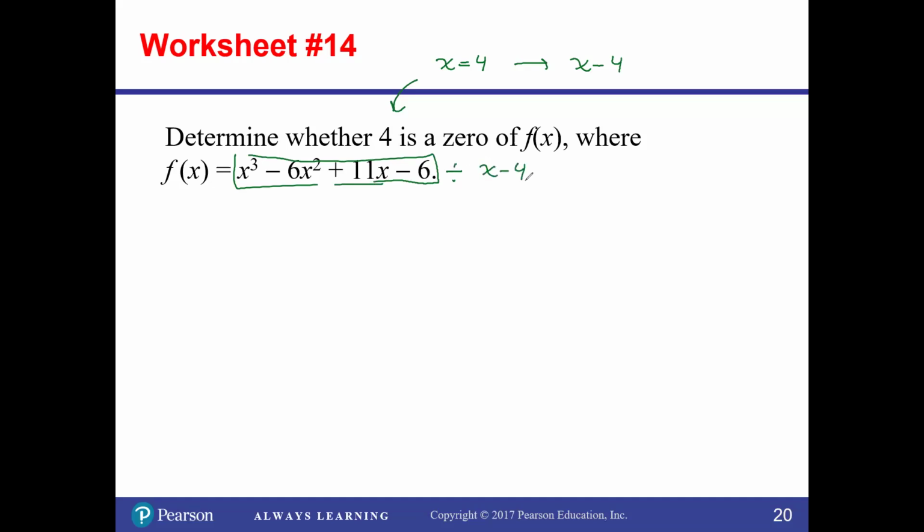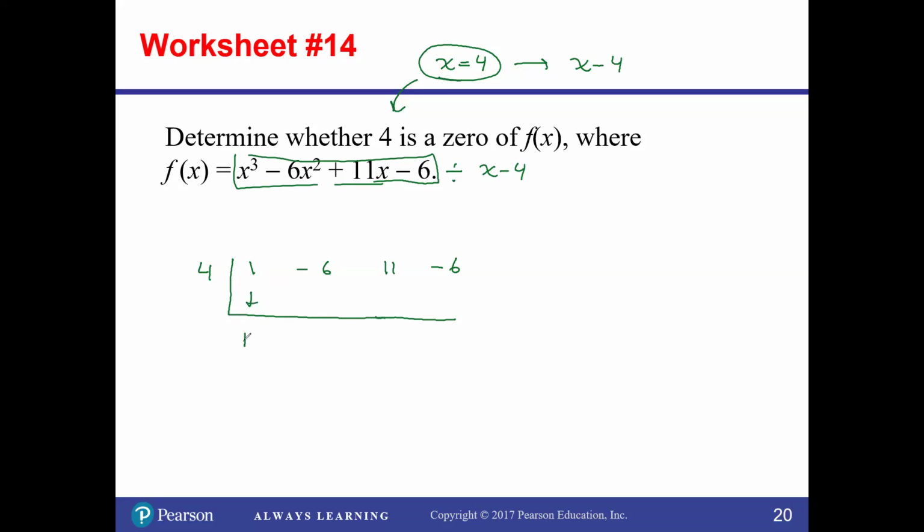But we're going to do it with synthetic division. So my coefficients here are 1, negative 6, 11, and negative 6 again. And then, like I said, we didn't need the linear factor. We were told what this is going to be. It's a 0 at 4.